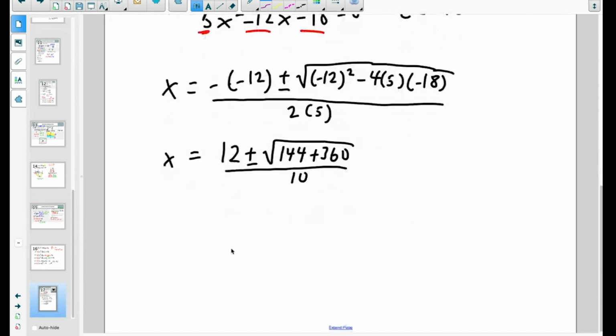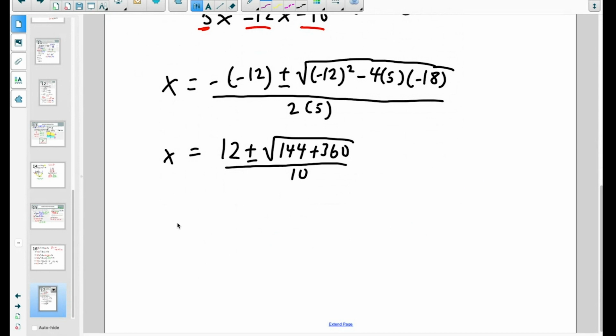And I'm just going to skip ahead to our answers. We'll end up getting x is equal to, I believe it should be 3.44, or x is equal to negative 1.04, and this is to 3 significant figures.